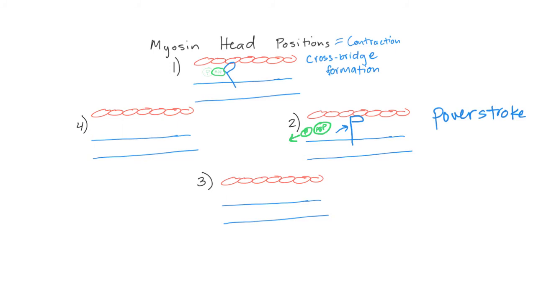All right, but now we're stuck. We're stuck in that position until we get another ATP. So this third step is detachment, and we need an ATP in order to do that.